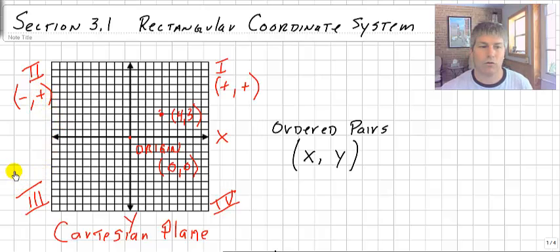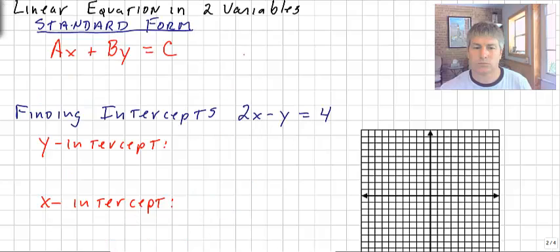In the third quadrant, both x's and y's will be negative, or negative, negative in the third quadrant. And in the fourth quadrant, our x's are positive, but here our y's are negative because we're going to be below that x-axis. Okay? Very simple, but also very important concept.